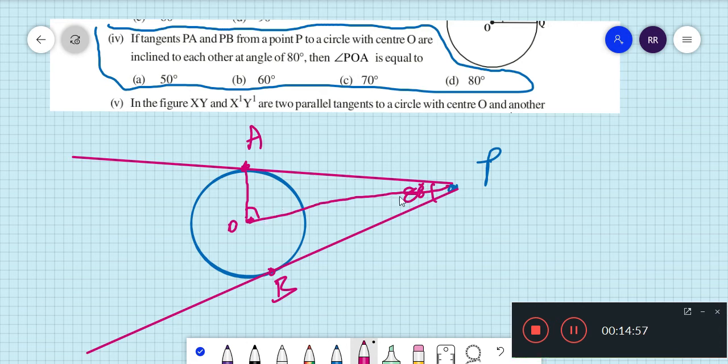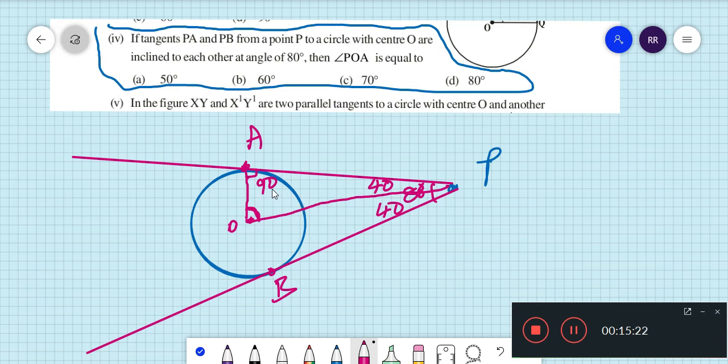Here, this line bisects this angle, then it becomes 40 degrees. So this is the point of contact, A. At the point of contact, the radius is perpendicular to the tangent, so it becomes 90 degrees. Then what is this angle? That we have to find. The sum of angles in a triangle should be 180.